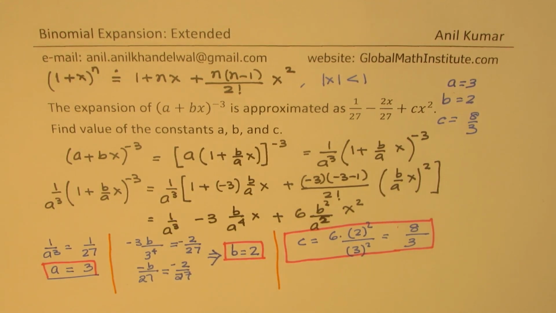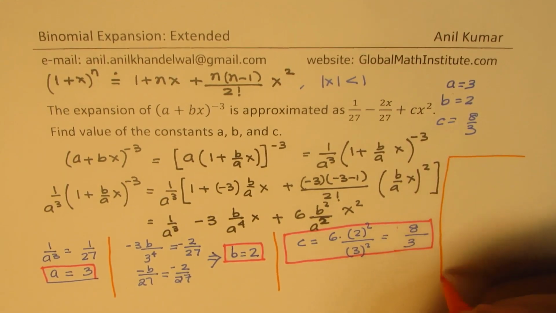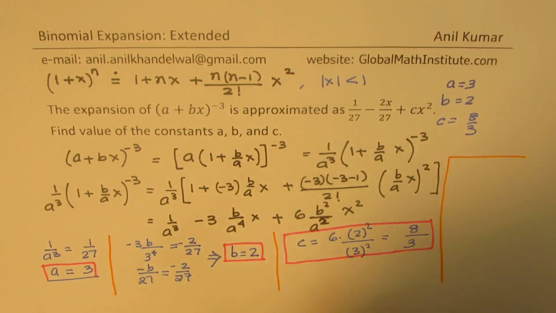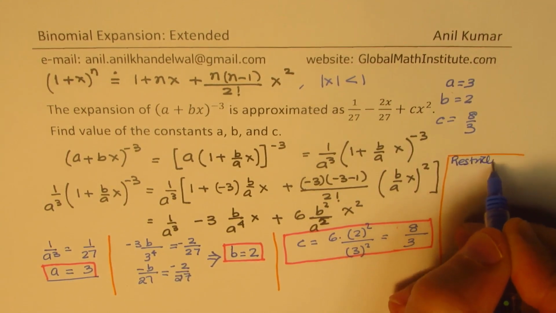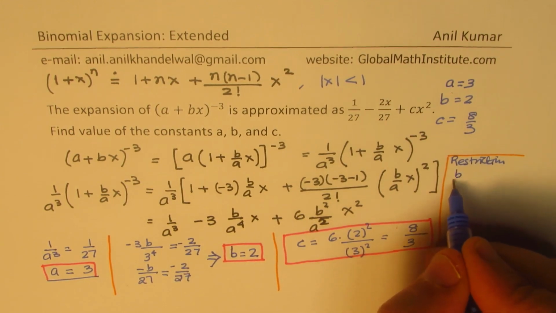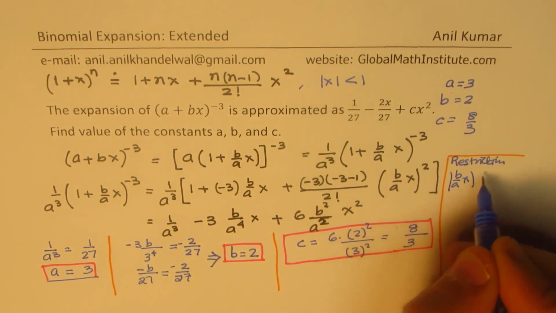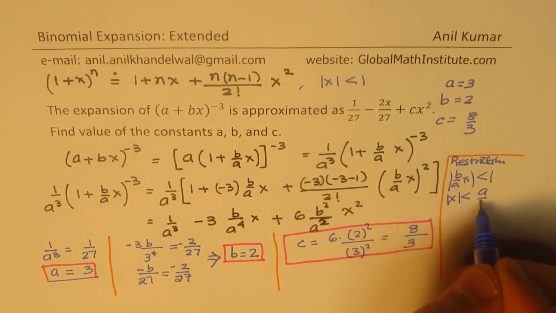So let's also work on this restriction. Let me write it down. So this term b over ax, absolute value should be less than 1, or the absolute value of x should be less than a over b.